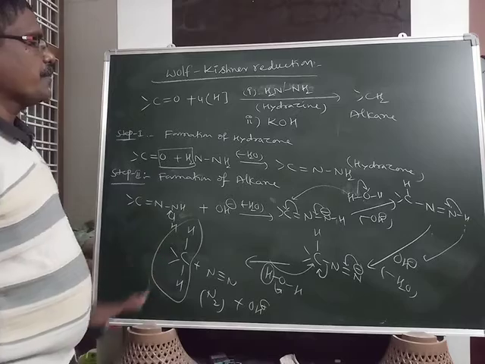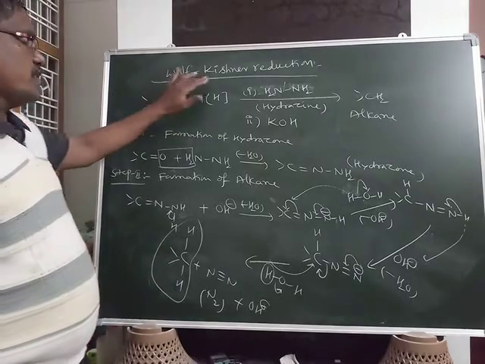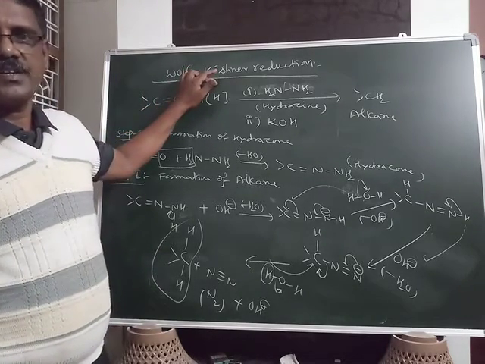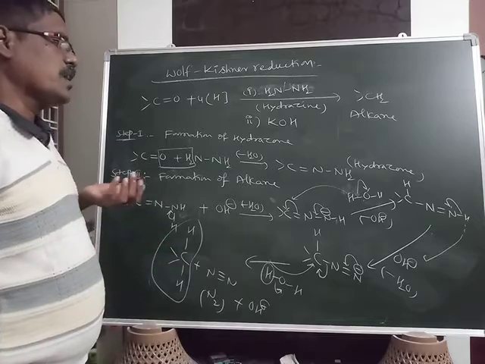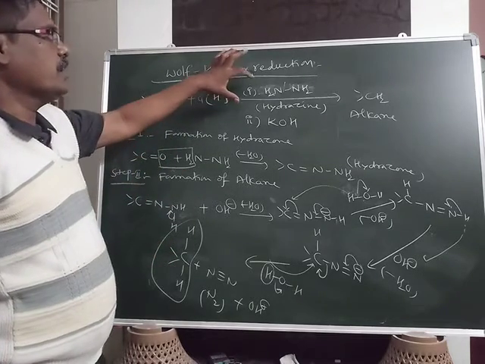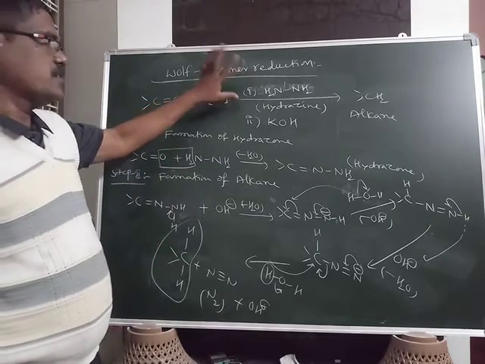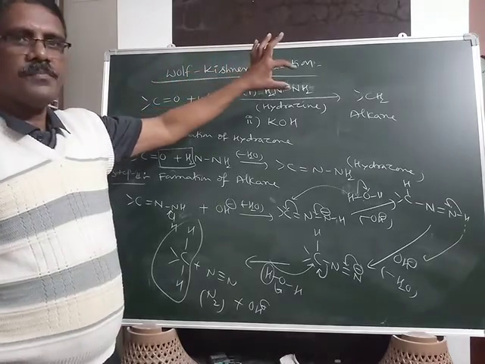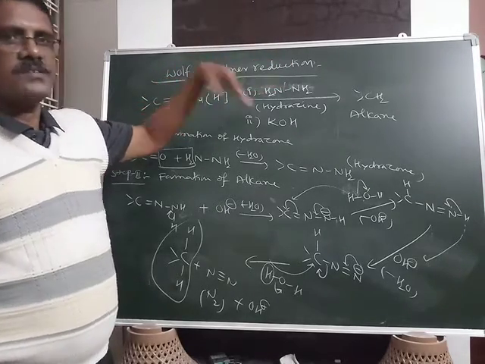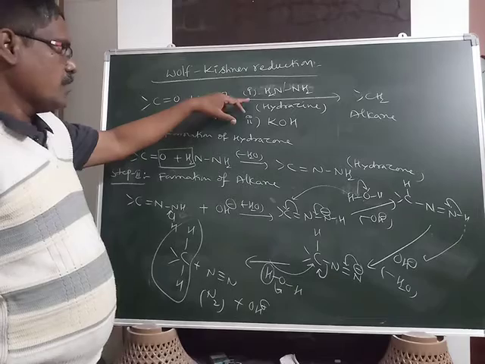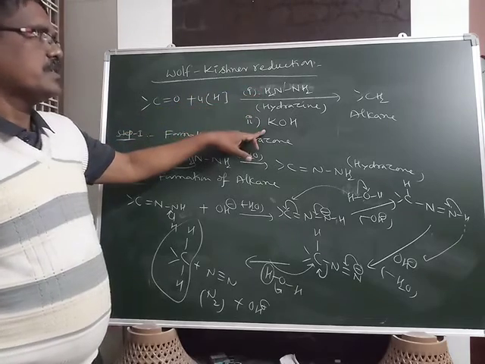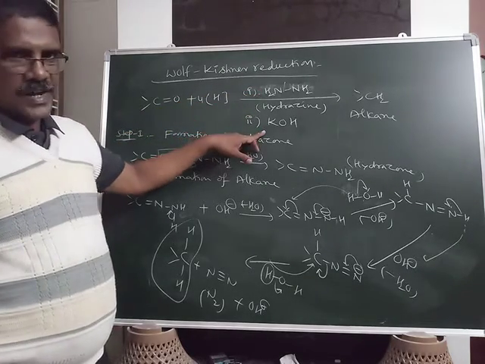So this is the Wolff-Kishner reduction. Clemmensen reduction and Wolff-Kishner reduction are both the same, and only the reagent or catalyst is changed. Zinc amalgam and HCl is the Clemmensen reduction, and hydrazine with KOH is the Wolff-Kishner reduction.